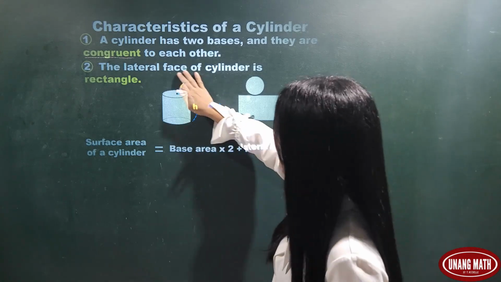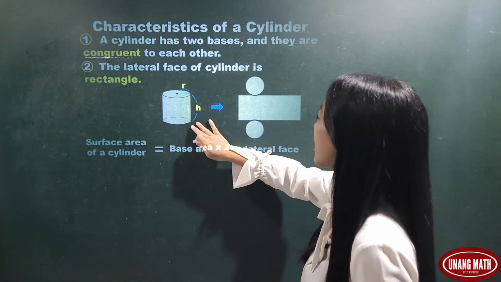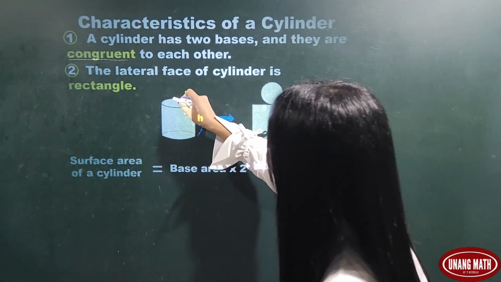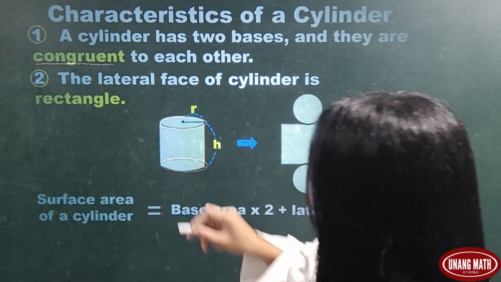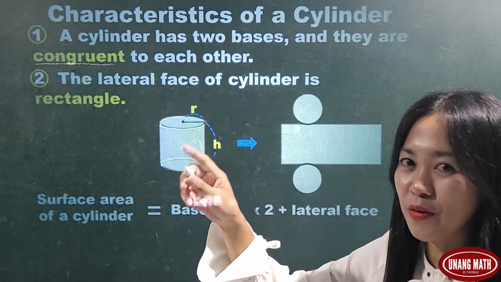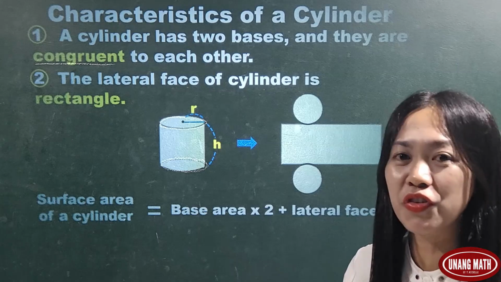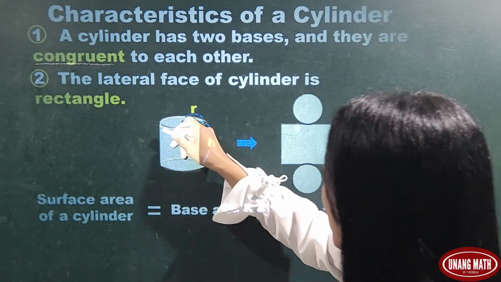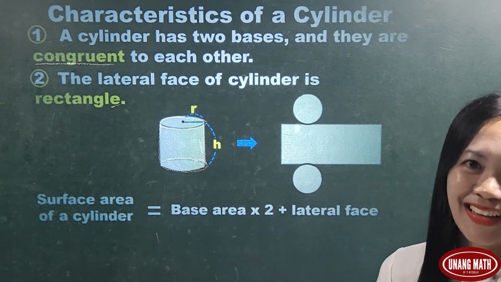Now we have here a cylinder. This figure is a cylinder. This is one base and we have here another base. These two bases are congruent, or identical shapes, and these are circles. What about the lateral face? The lateral face is a rectangle.